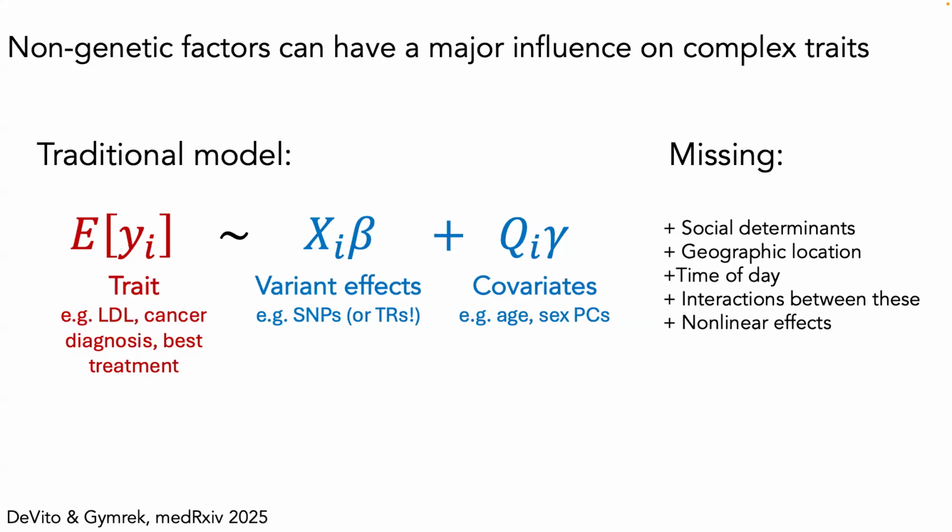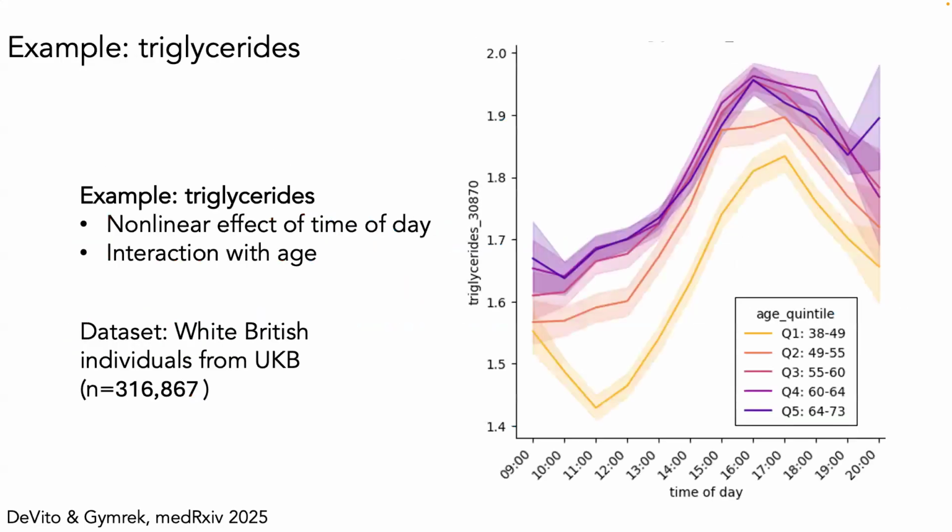And even though these are probably important, we're just missing them from the models that we're looking at. Here's an example of triglycerides, which is one of the traits that we looked at in both of those cohorts. So this is triglycerides, looking at time of day versus triglyceride level, stratified by different quintiles of age within the UK Biobank.